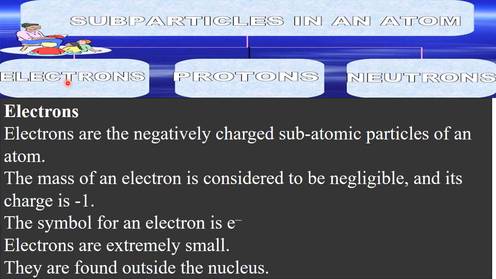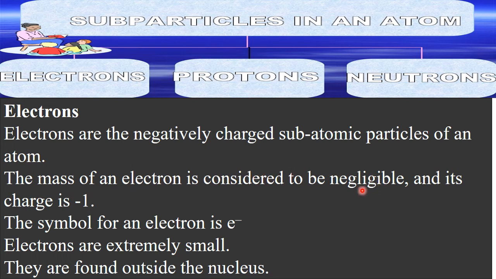Then let us again discuss the three subatomic particles: electrons, protons, and neutrons. Electrons are negatively charged subatomic particles of an atom. The mass of an electron is considered to be very negligible.